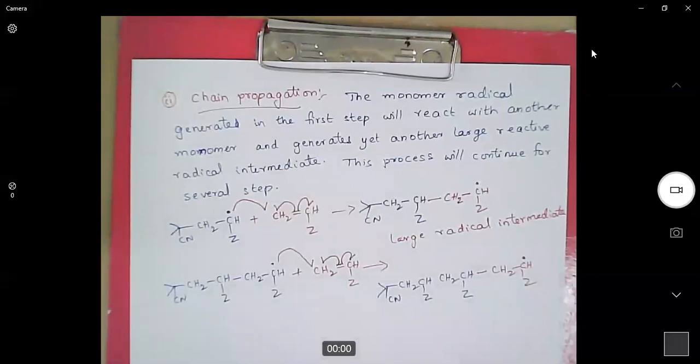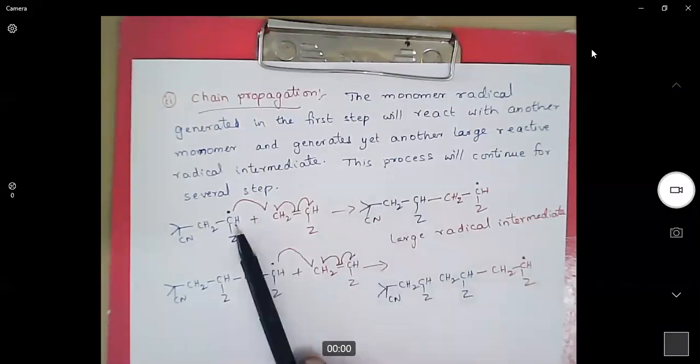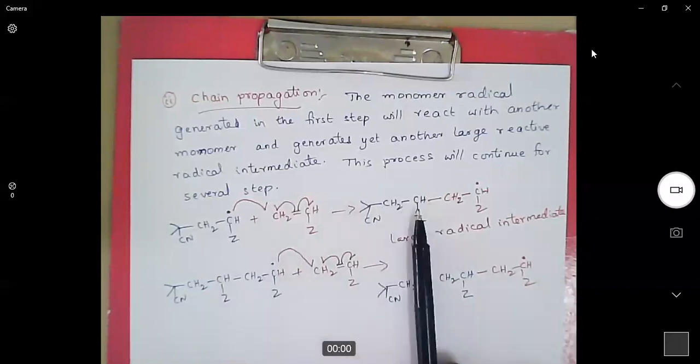That means a small chain will add one more monomer and it will increase its chain. See here in a chain growth polymerization, the length of the chain increases only on one side. One side it is fixed and not reactive. It is reactive only on one side. So the chain will grow in each and every step on one side.